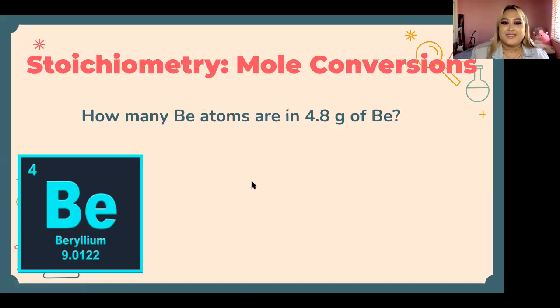So this is the multi-step one. Again, the given is 4.8 grams of Be. What would be the next step, I would say?